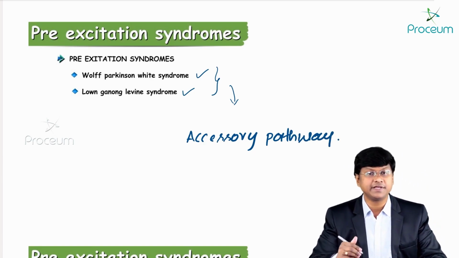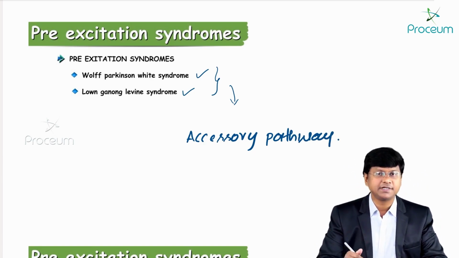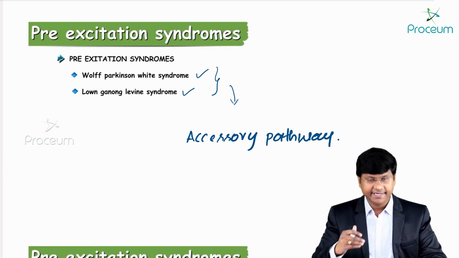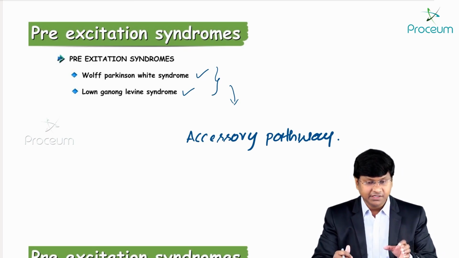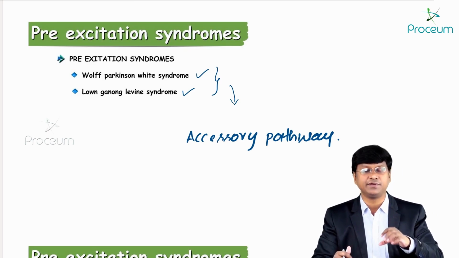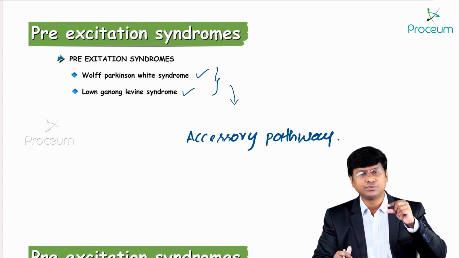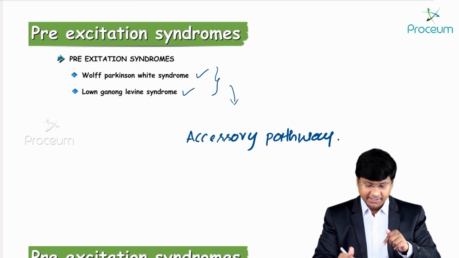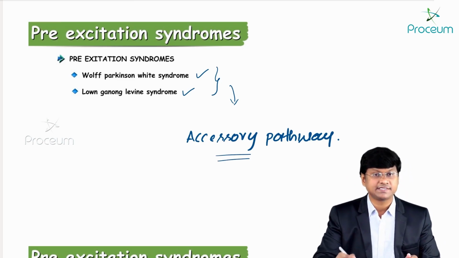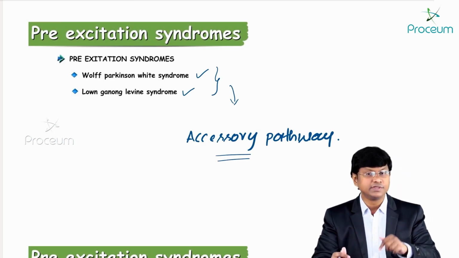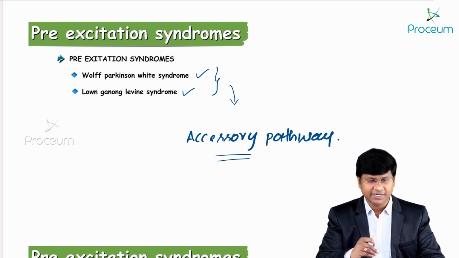This accessory pathway connects the atria directly to the ventricle without the connection of the AV node. Normally, the atria is connected to the ventricle through the AV node. But in case of the presence of the accessory pathway, the atria is directly connected to the ventricle through this accessory pathway. Now, let me show you that.